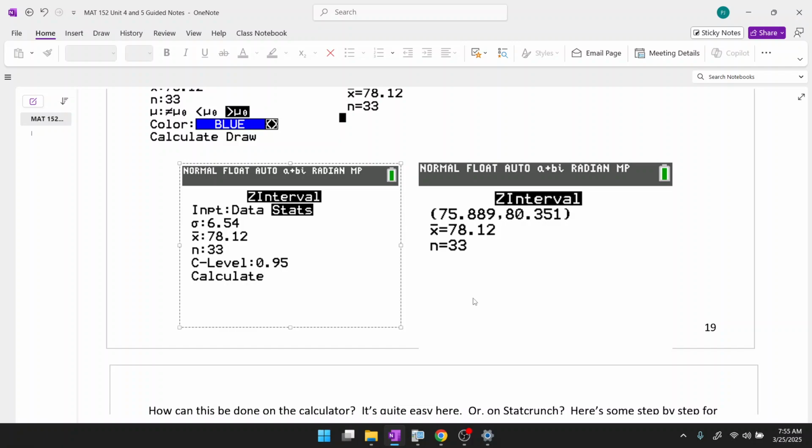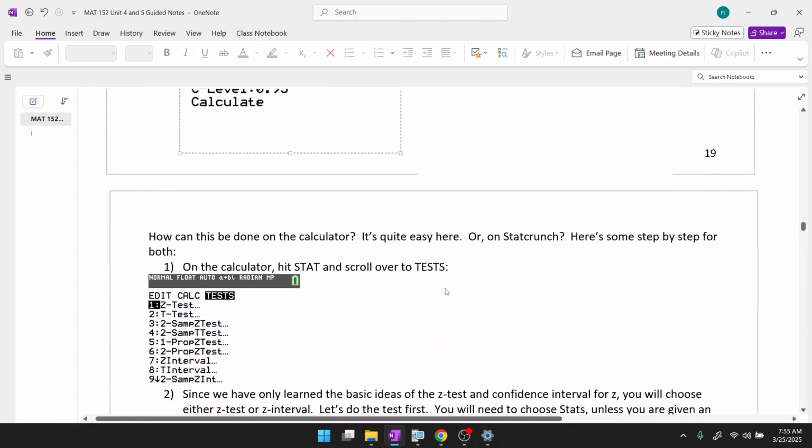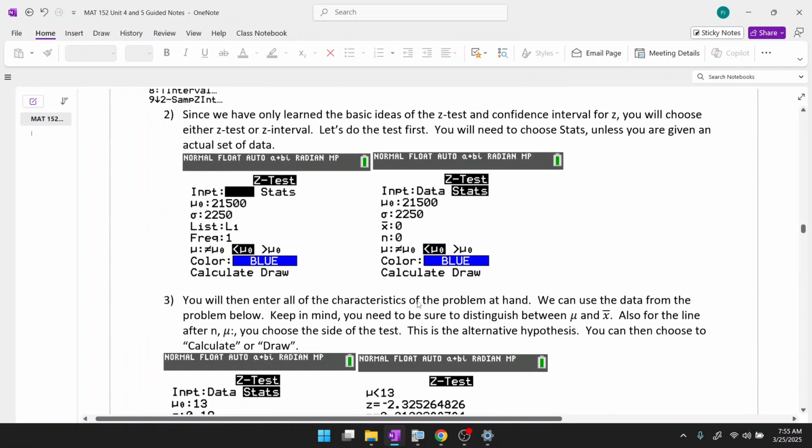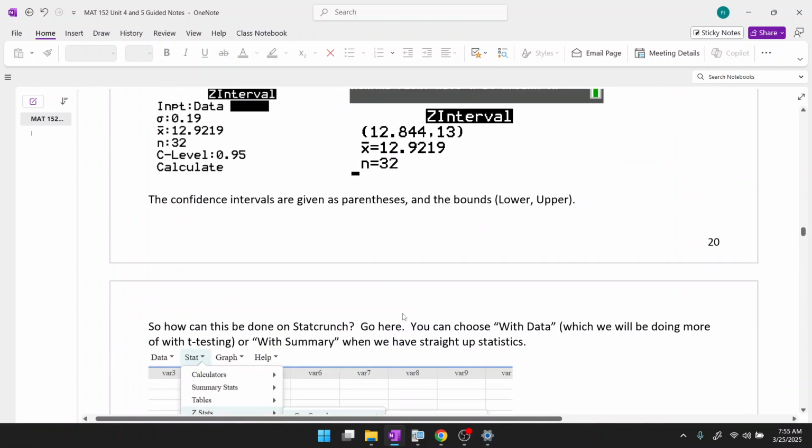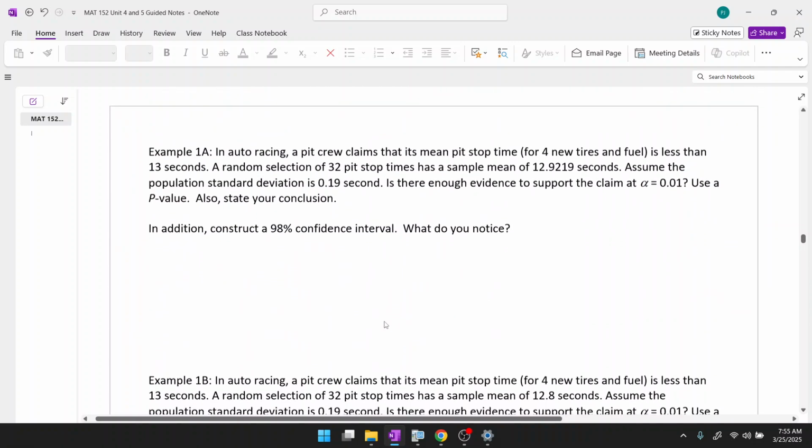Now, what's the purpose of confidence intervals and hypothesis tests? One thing we're going to do here is, these directions will show you how to do everything you need on StatCrunch.